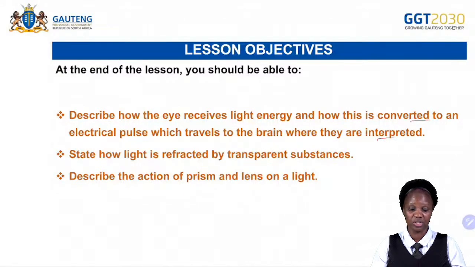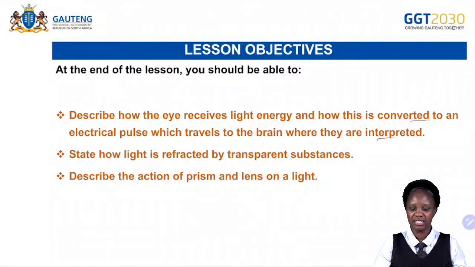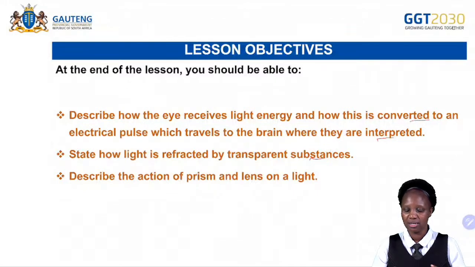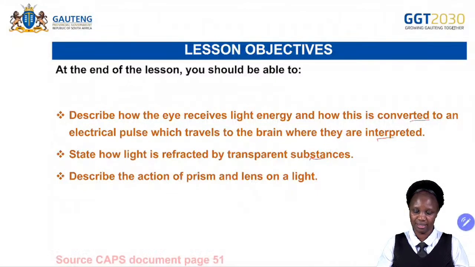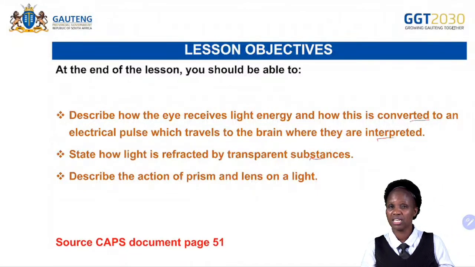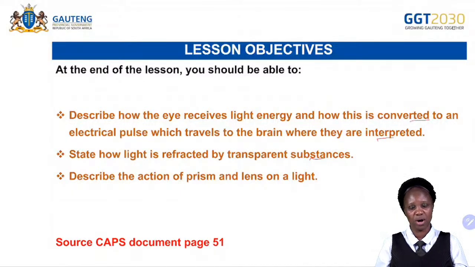We're also going to state how light is refracted by transparent substances, and describe the action of a prism and lens on light. We get all this from the CAPS document, page 51.